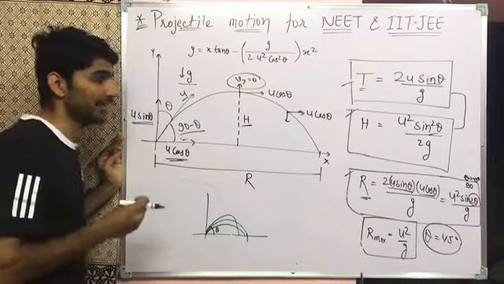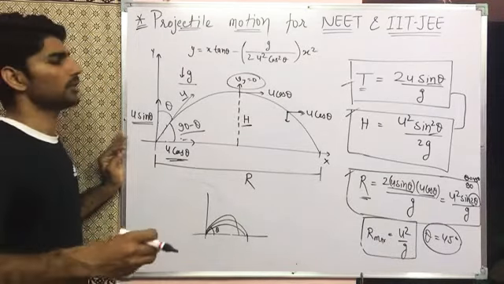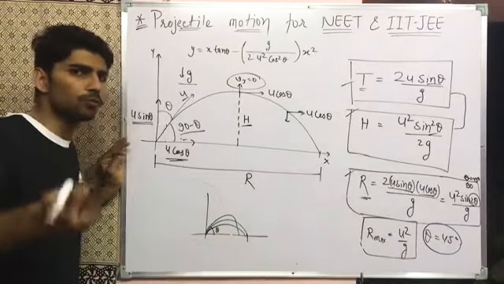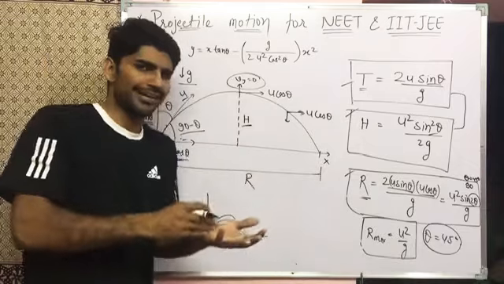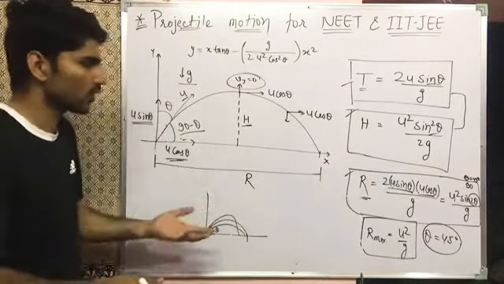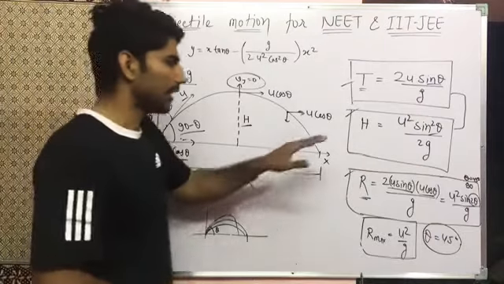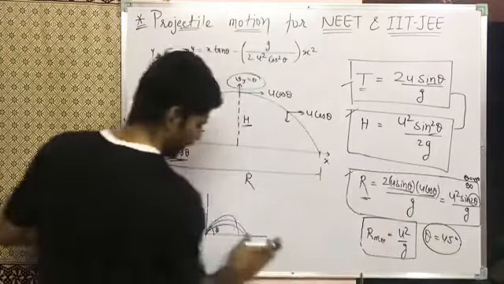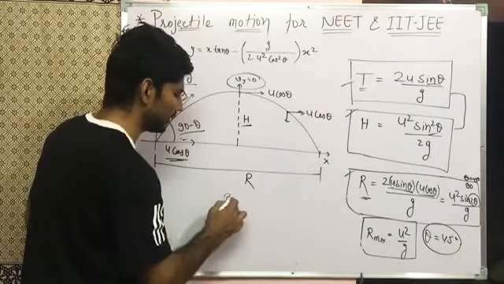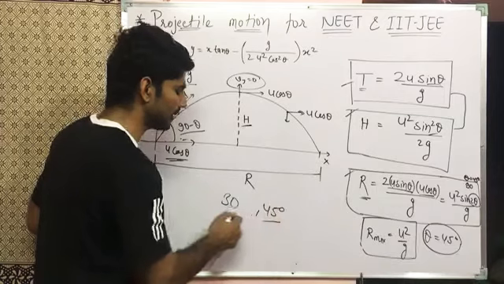And sometimes in the examination you are asked to compare the height or time period or range of two projectiles. So here sometimes you get one angle or velocity, and you need to compare both of the formulas. So if you are asked that in the first case you project a projectile at an angle of 30 degrees, and the second time you project it at 45 degrees, then tell the height.